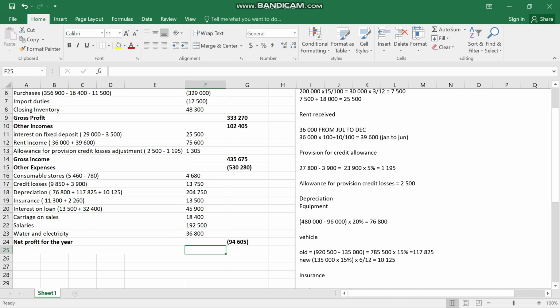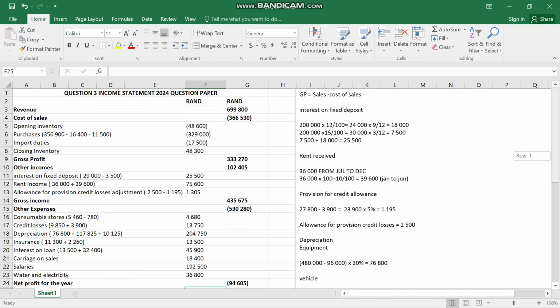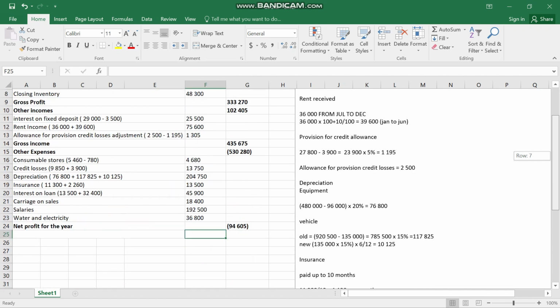And this is how you do your income statement. And we just finished the expense side of the income statement, guys.